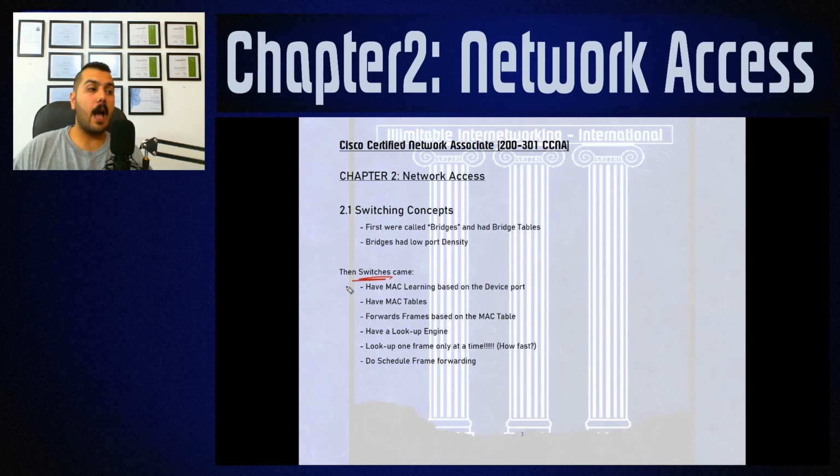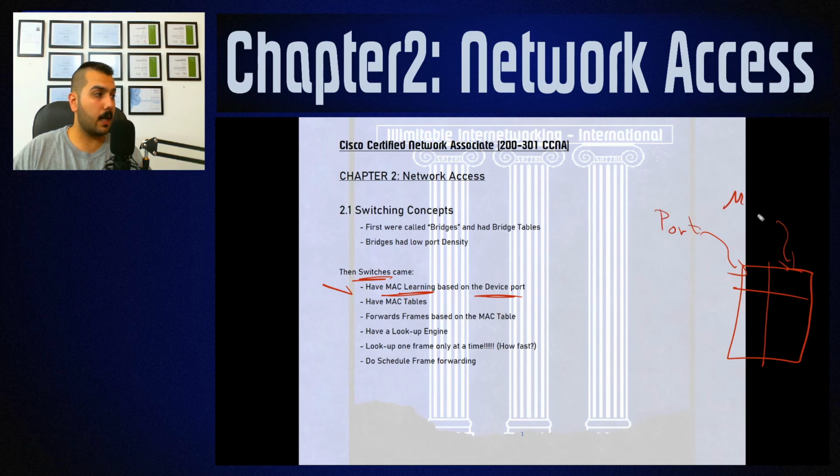Switches have MAC learning based on the device port, just like bridges. Now we have a table. This is the port and this one is the MAC address. So I know to reach such MAC address, I will switch my frame to port number 1.